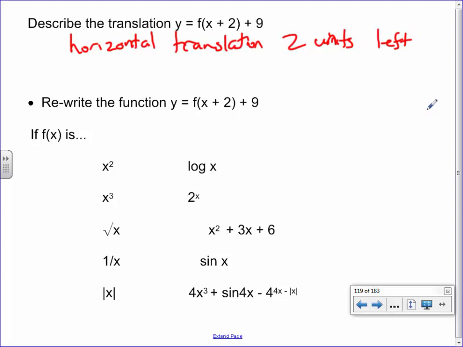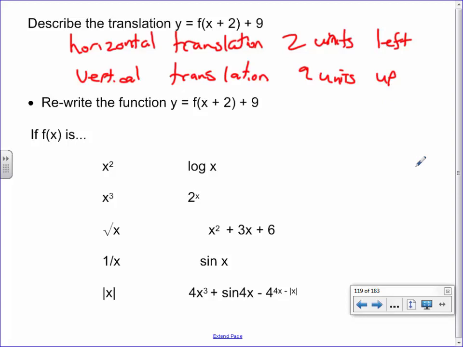A horizontal translation 2 units left. See how that kind of fits there? What about the plus 9? Now that I've shown you one, how could they put that into vocabulary? That'll work, yeah. So that's the vocabulary you might come across too. A vertical translation 9 units up.